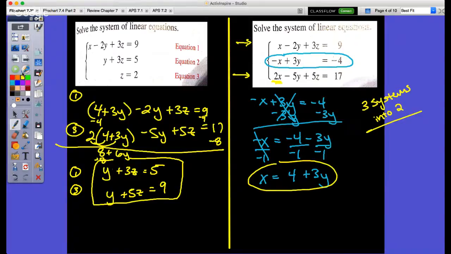And then from there, I could do either elimination or substitution. For me, just because I see that both of these have y, I'm going to multiply this bottom one by a negative number, getting me -y minus 5z equals -9. Then I could combine the first and the third.